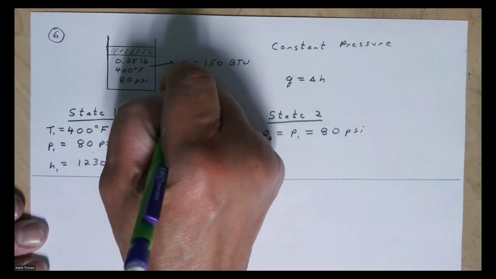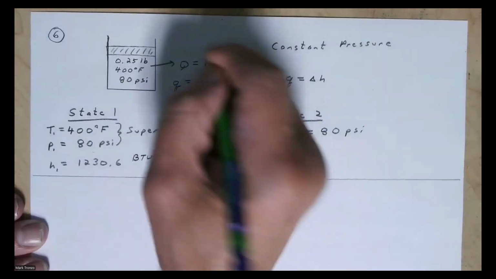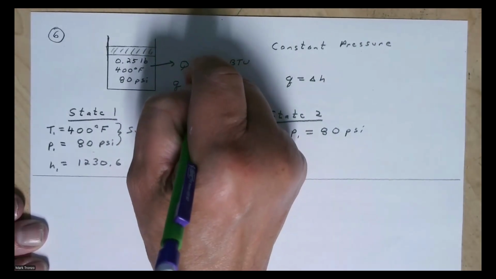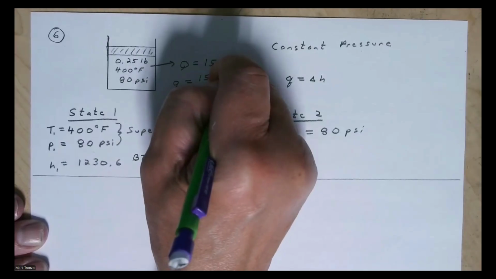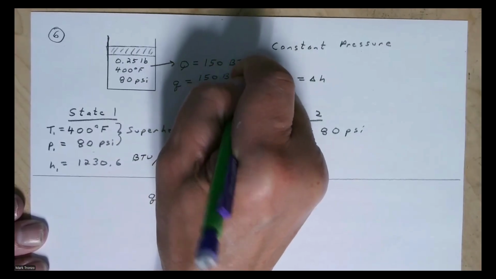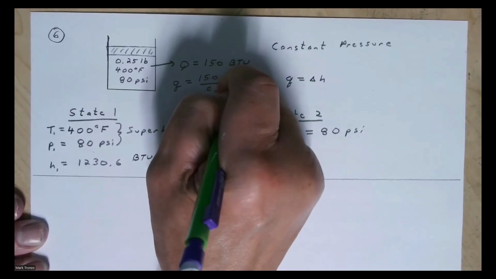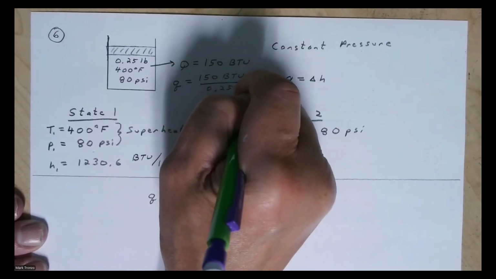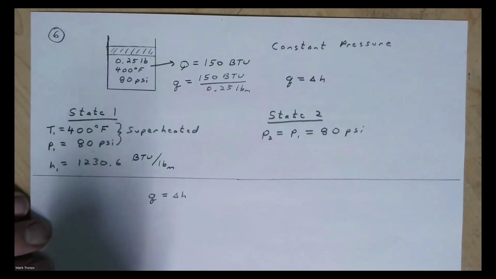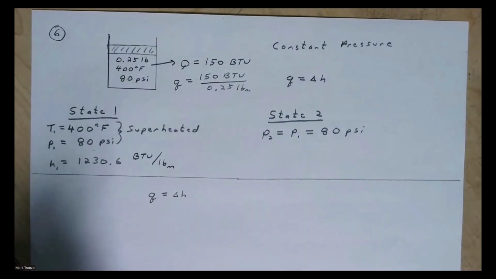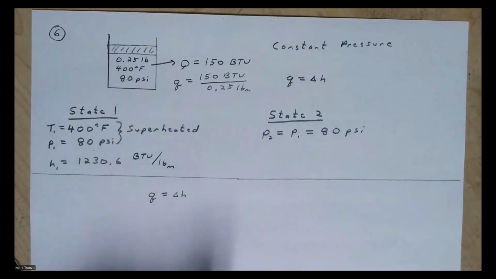So let me calculate. Little q is going to be the 150 BTUs divided by 0.25 pounds. That would be like multiplying by 4, I guess.